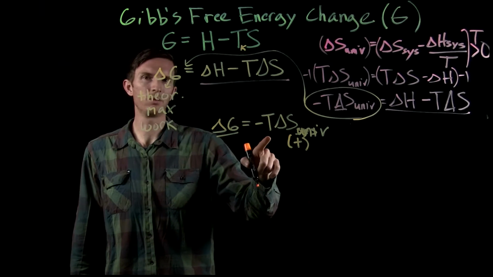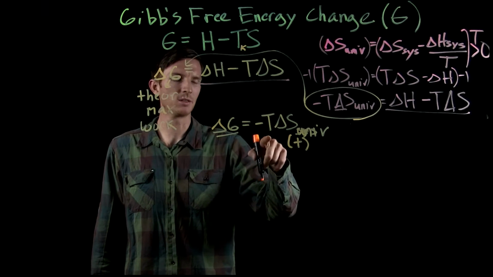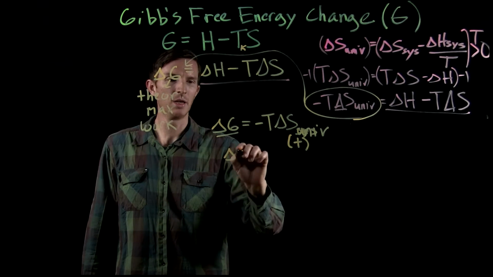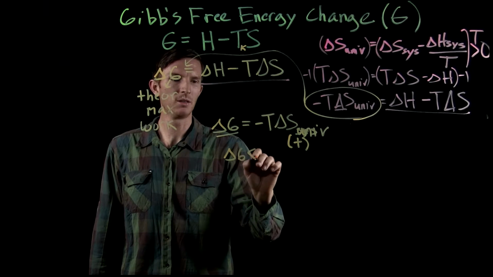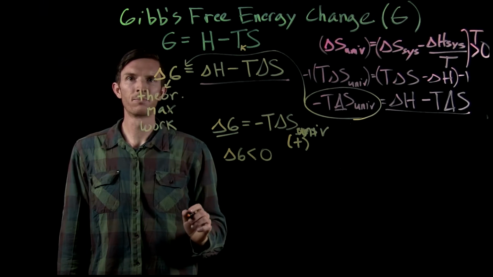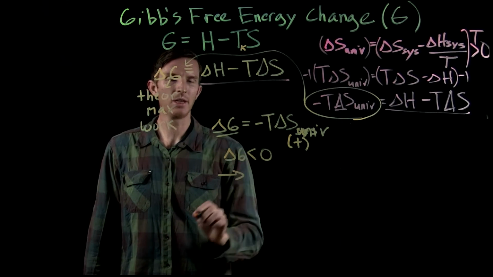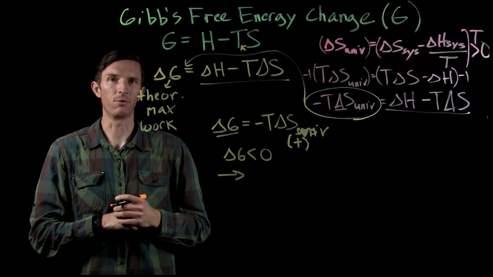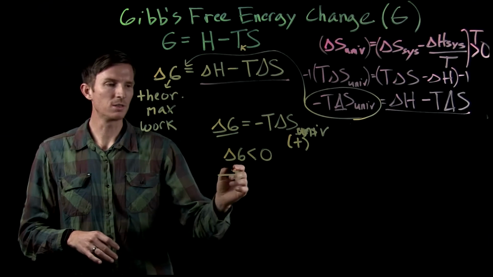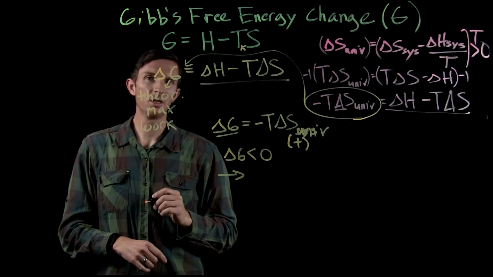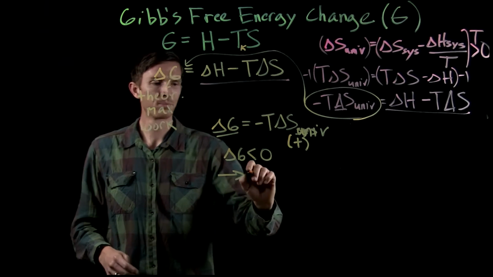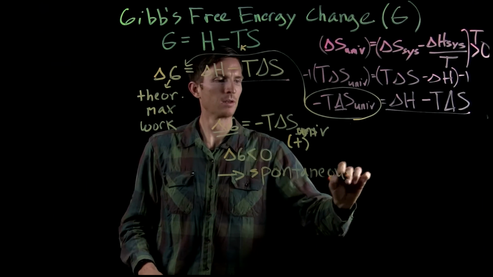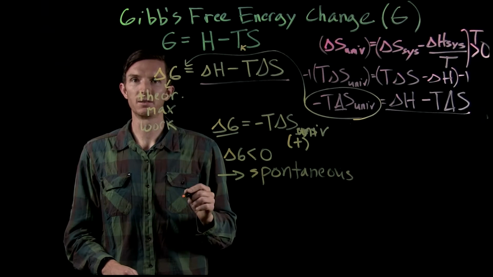Well, temperature, this is an absolute temperature, so that's always going to be positive. So the only way that we would have a spontaneous process is if we have a delta G that is less than 0. Okay? And so now we see that we not only can use delta G to calculate the maximum theoretical amount of work in a reaction, but we also see that if our delta G is less than 0 or negative, that also tells us that that reaction is spontaneous.